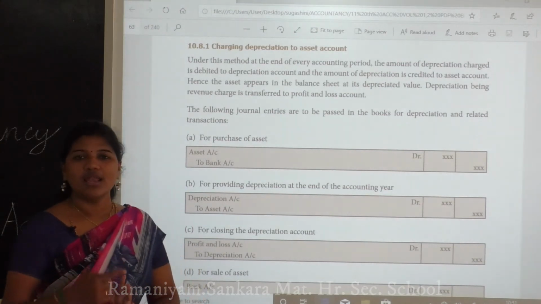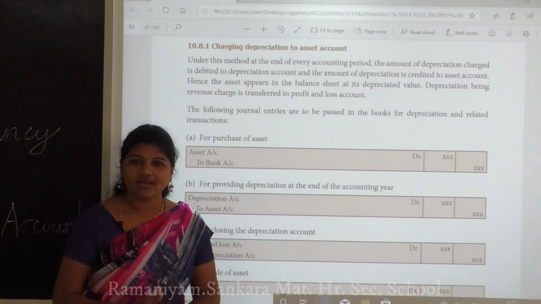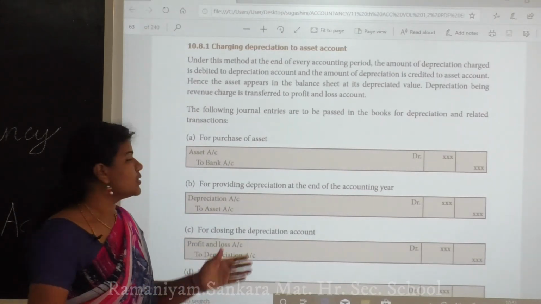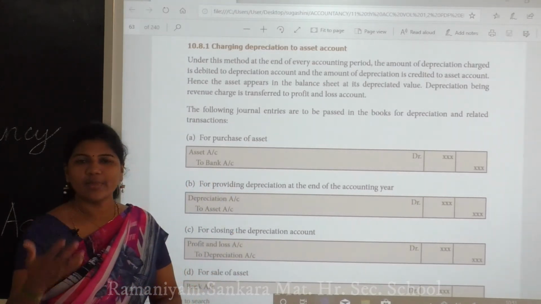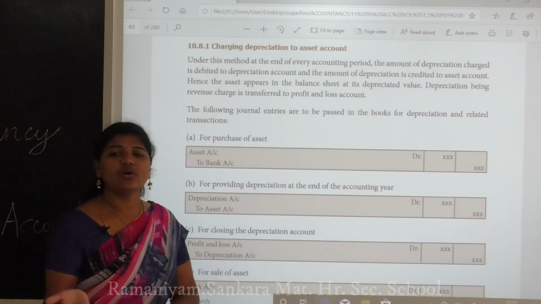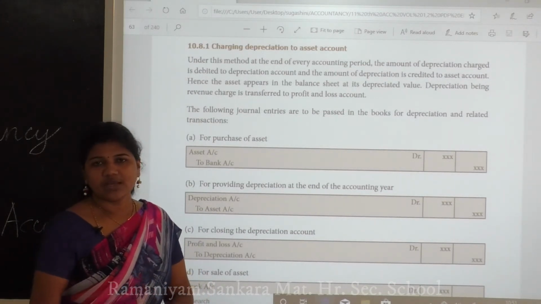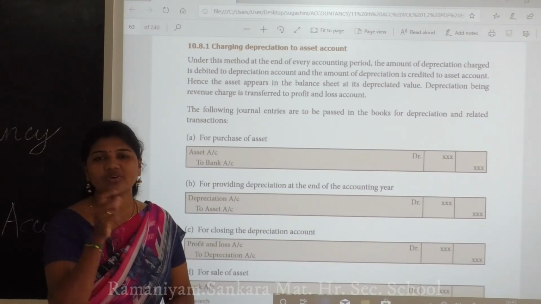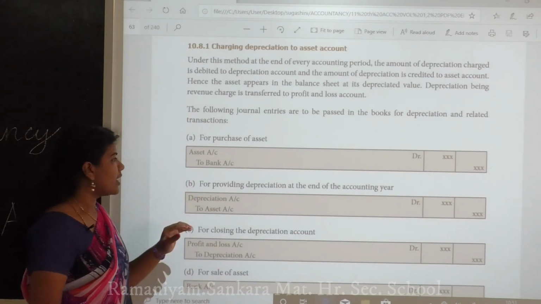I told you: land, building, machinery, cash in hand, cash at bank, vehicles, this and all are assets. So asset account debit to bank account credit. We are buying a new thing, so we have to settle the amount from the bank side. Whether we use a debit card, credit card or cheque, you have to mention it as bank. So asset account debit to bank account credit.